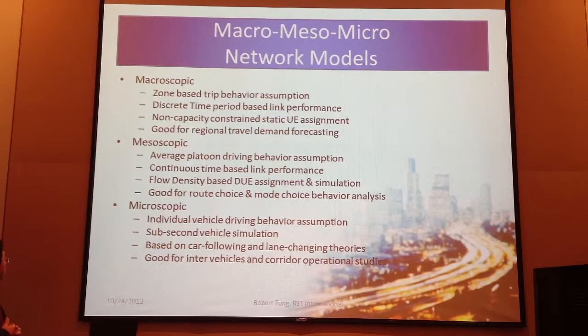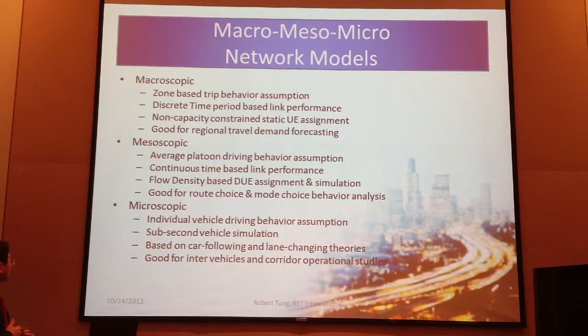So the mesoscopic model is good for route choice and mode choice behavior analysis. Because, for example, if you do a regional mesoscopic model and you implement certain toll roads in a certain area, you want to see how traffic is diverted to the adjacent roads. So that is a good mesoscopic level analysis.